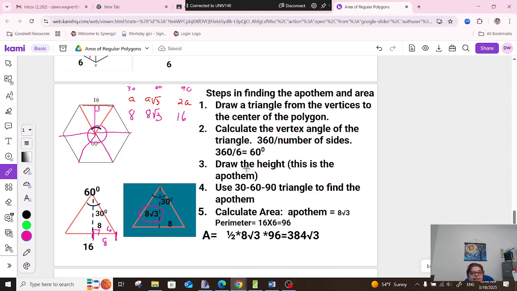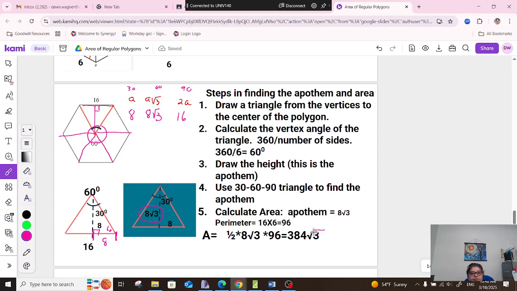Once I find the apothem, which I did, I used a 30, 60, 90 triangle to find the apothem. And the apothem was 8 square root 3. Perimeter is going to be number of sides times the side length. How many sides did I have? 6. So perimeter is 16 times 6.